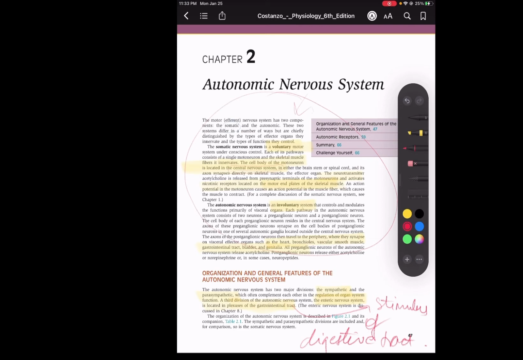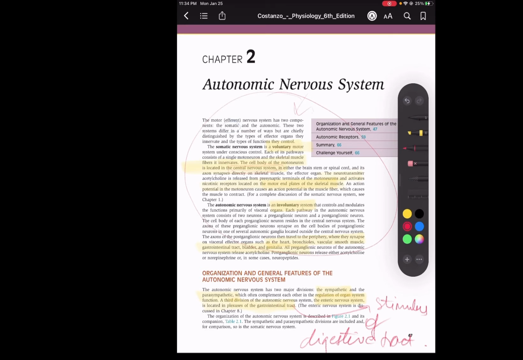The main point is that the cell body of the motor neuron is located in the central nervous system, in either the brainstem or spinal cord, and its axon synapses directly on skeletal muscle, the effector organ. The output goes from the CNS to the periphery, which is why it is called the efferent division.